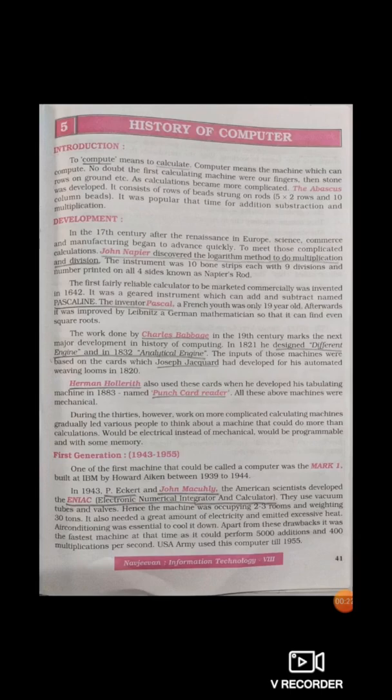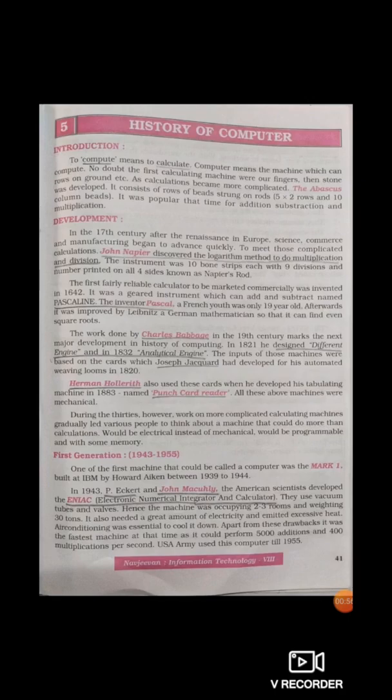So let's take a look at the development stages. In the 17th century, after the Renaissance in Europe, science, commerce and manufacturing began to advance quickly. To meet those complicated calculations, right? After the changes that took place during the 17th century, science, commerce and manufacturing began to advance very quickly.